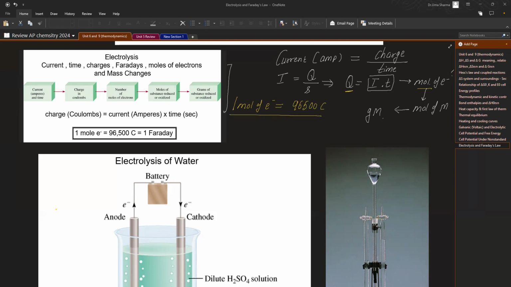How to convert moles of electrons to moles of matter? From the balanced equation. For example, you are doing reduction of calcium 2 plus. It is going to give you calcium solid.